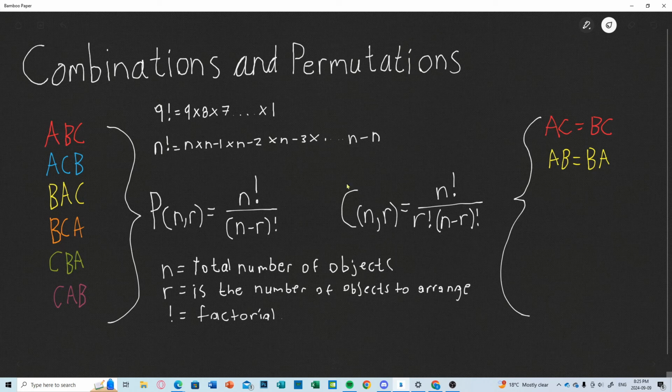And for combinations, we have the formula of the total number of objects and the factorial of those divided by the number of objects to arrange, the factorial of that, multiplied by the total number of objects minus the number of objects to arrange and the factorial of that. And on the next page, we'll do a couple of questions for those.